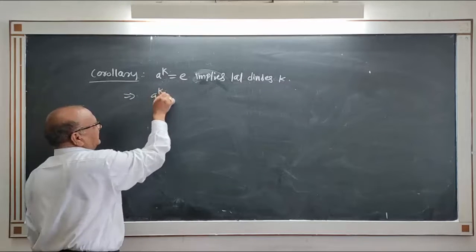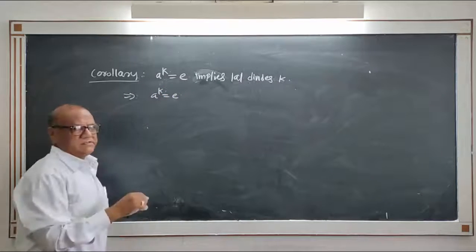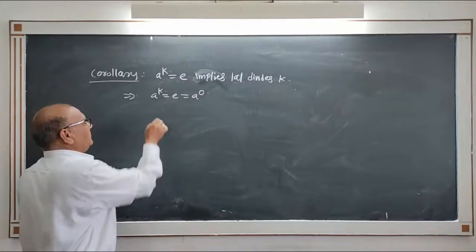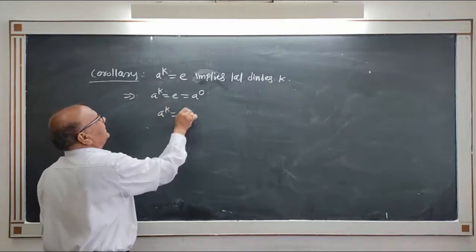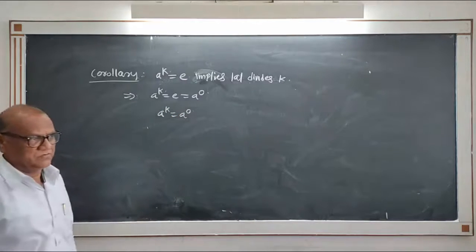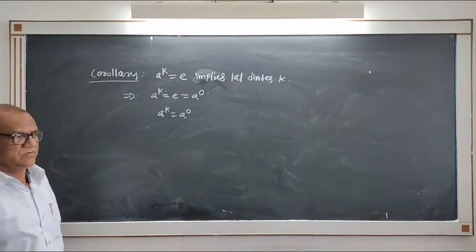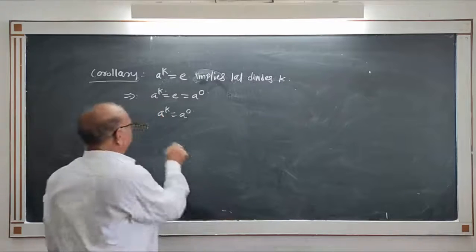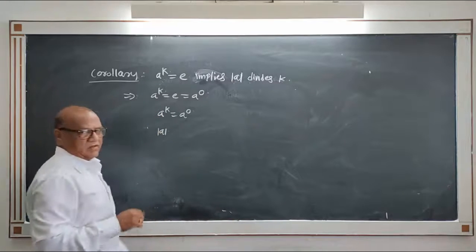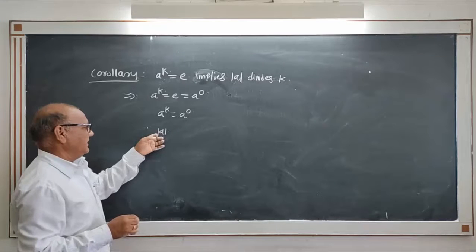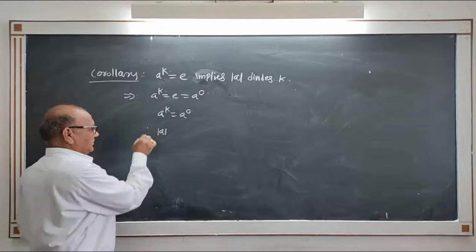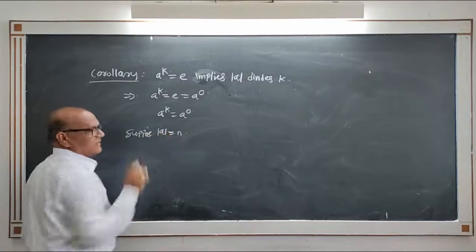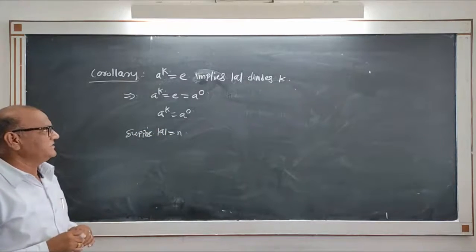See here, a raised to k is equal to e. e can be written as a to the power 0. Now, a raised to k is equal to a raised to 0. Suppose the order of a is equal to n.